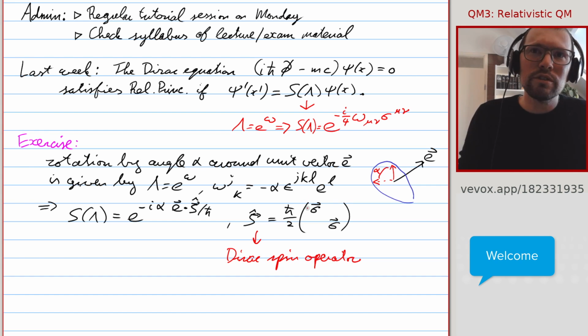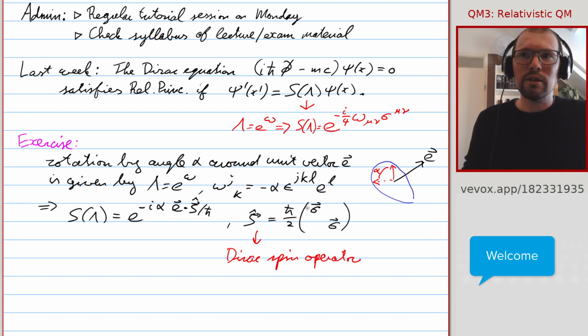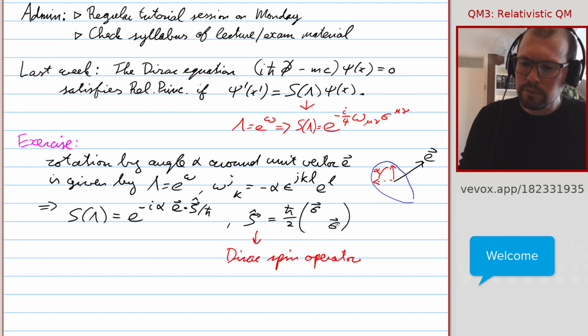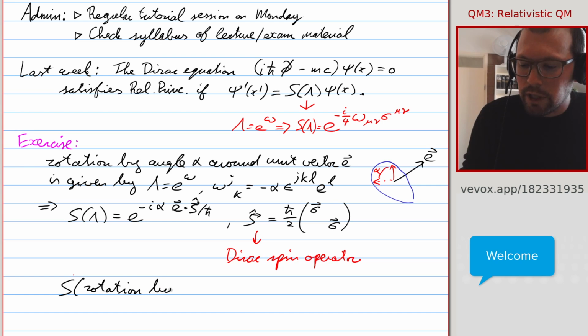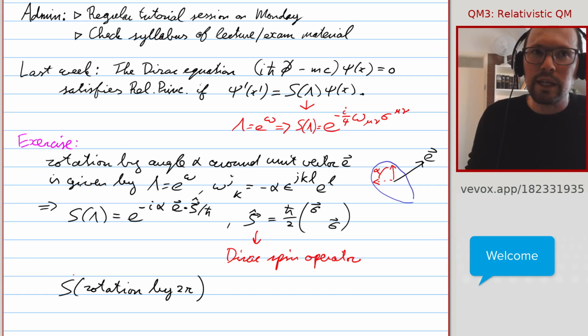The first 2 components transform as if they were just a particle with an up and down spin, and also the 3rd and 4th components transform in this way. Now another thing you're going to show is that if we look at a rotation by 2 pi, so just plugging in alpha equals 2 pi, you get minus the identity matrix out from this exponential.